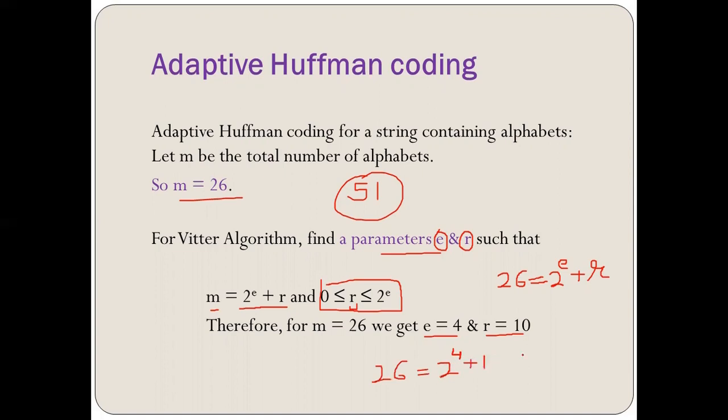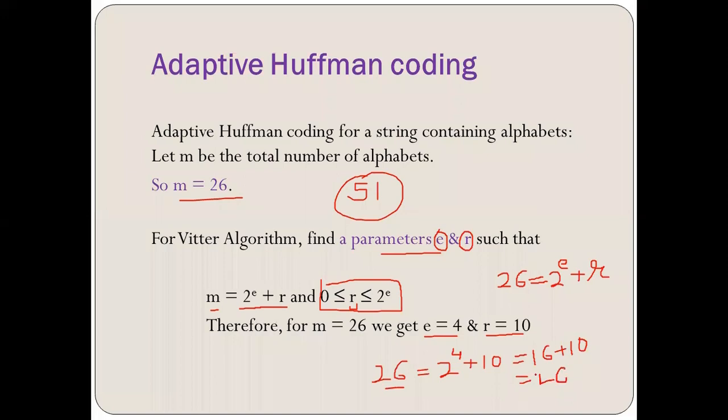Now 2 raised to the power 4, what will you get? 16 plus 10, that is equal to 26. Okay, so this condition is being satisfied.